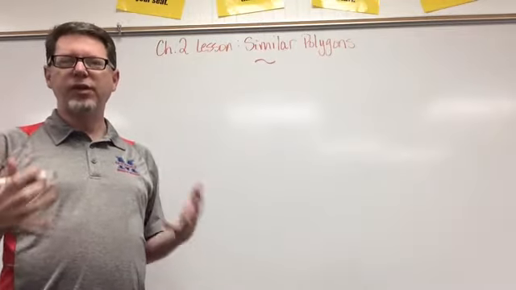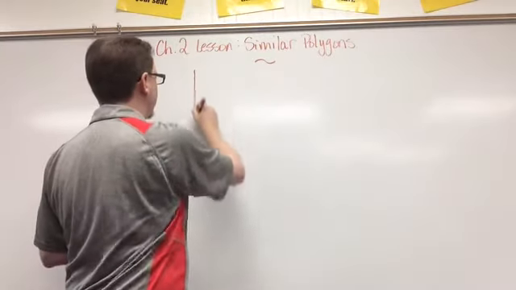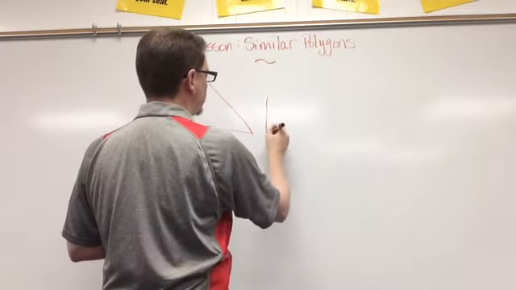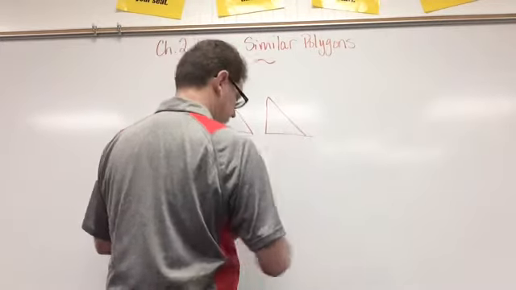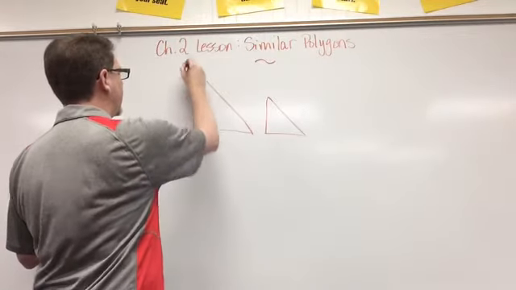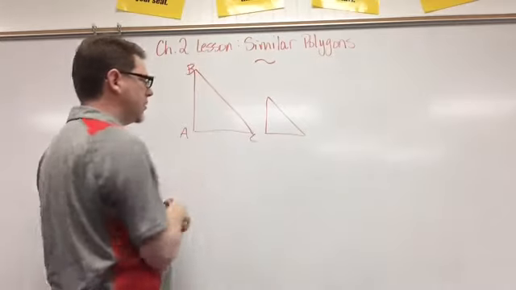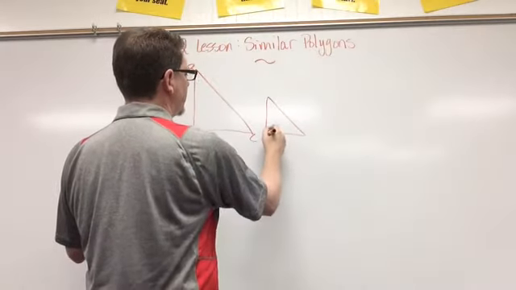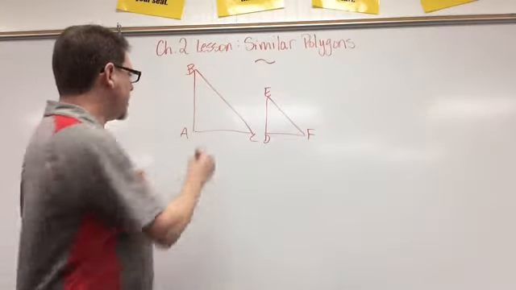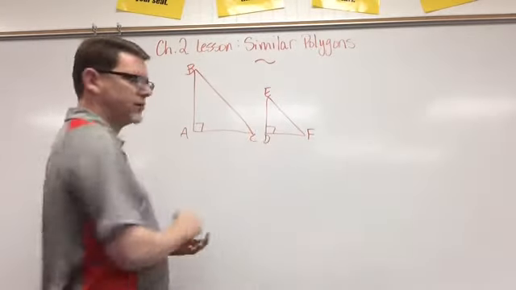So it could be that I have two figures. So I have a large triangle and I have a smaller triangle. And we're going to call this A, B, C for the big triangle, and the little triangle is going to be D, E, F. And I know they're both right triangles, okay?